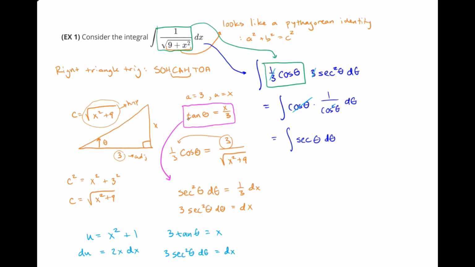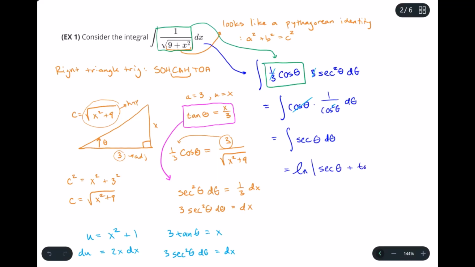And it's all based off this triangle right here. This simplification is just your basic trigonometry. And at this point, we know what the integral of secant theta is. The integral of secant theta is the natural log of the absolute value of secant theta plus tangent theta.